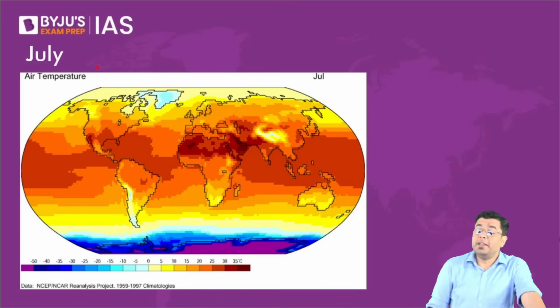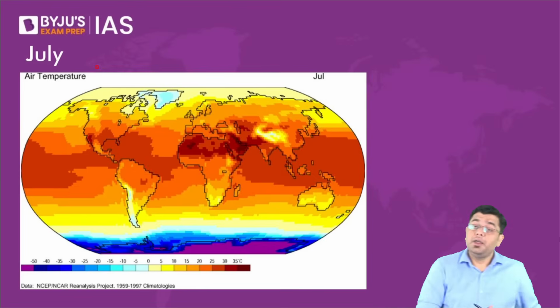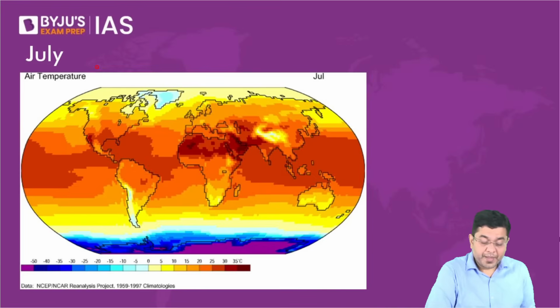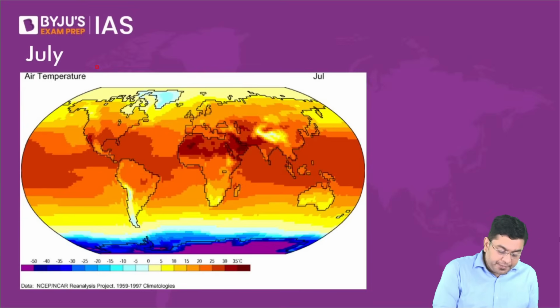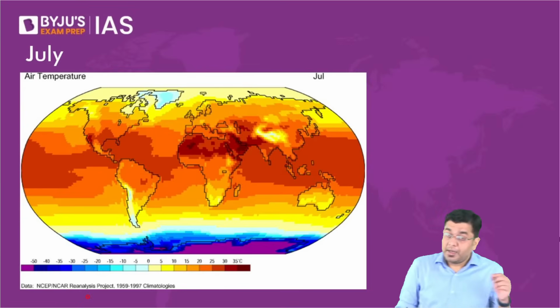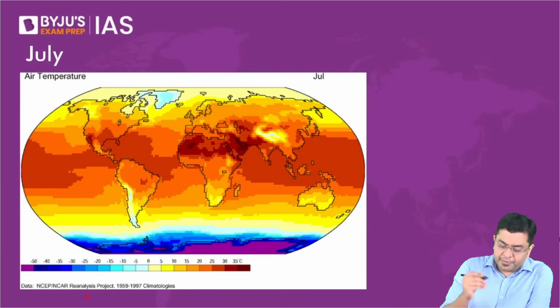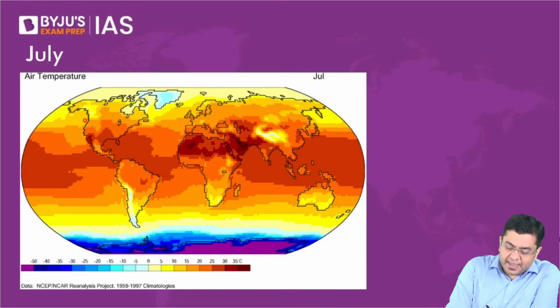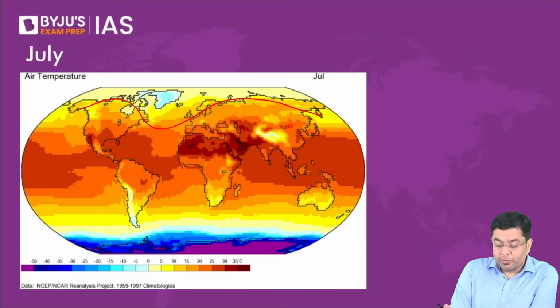Now we come to the month of July. That is when you have summer in the northern hemisphere and winter in the southern hemisphere. In this case, observe the variation in the heat. You will observe that the land areas are significantly warmer, whereas the water bodies are colder, isn't it?